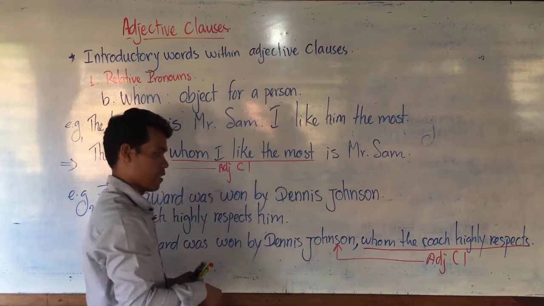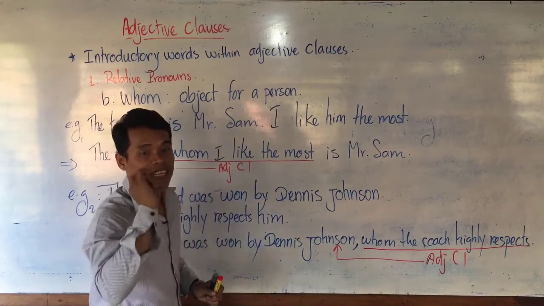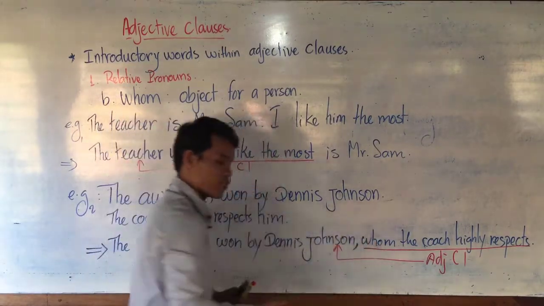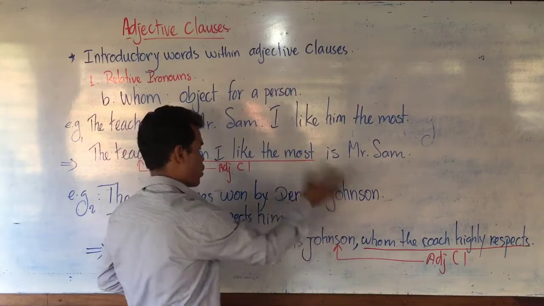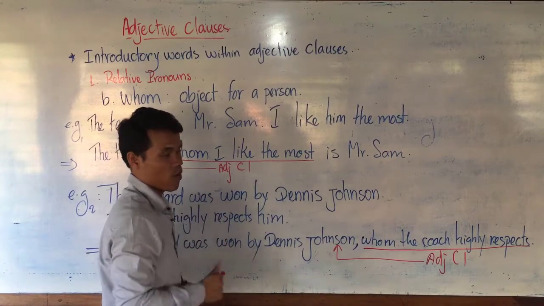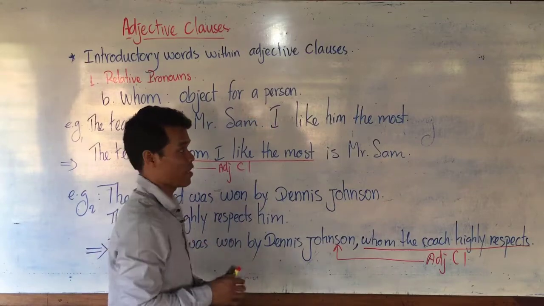As I said earlier, we can use who here, but it is less formal, it is informal. When you use whom, it is more formal than who. The question is between who and whom. In these two examples, which one is more formal? Whom is more formal, functioning as an object.